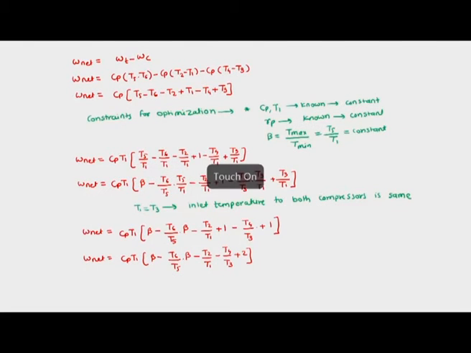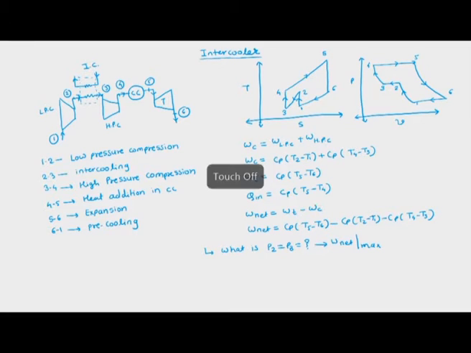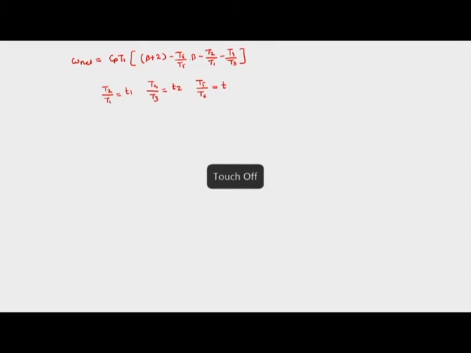What we are actually saying is this: as per this diagram, this is T1, this is T2 and this is T. So what we are saying is Rp1, suppose it is P2 by P1, is equal to (T2 by T1) bracket raised to gamma upon gamma minus 1.